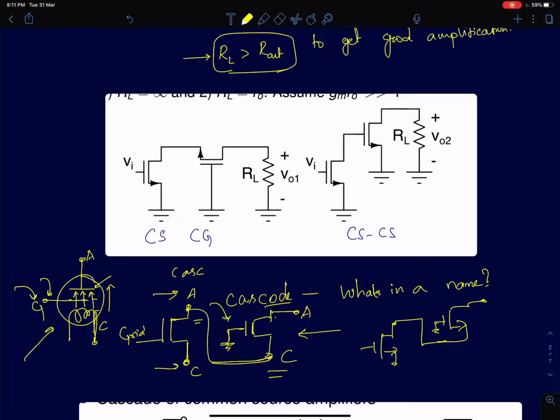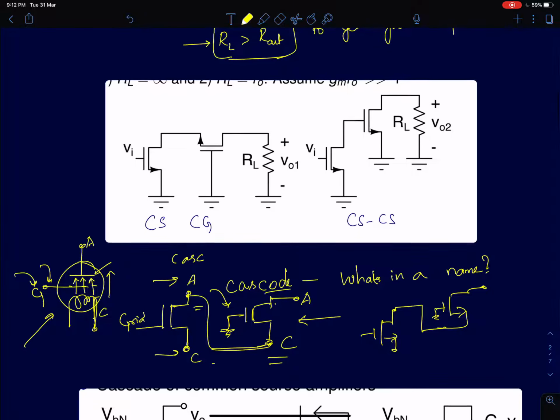You can read up about the pentode and see how the name cascode originated. The idea was essentially this: when we go to frequency response, we'll see the advantage we get in terms of bandwidth.